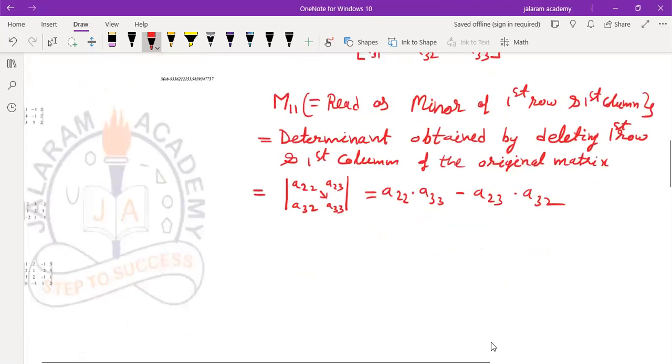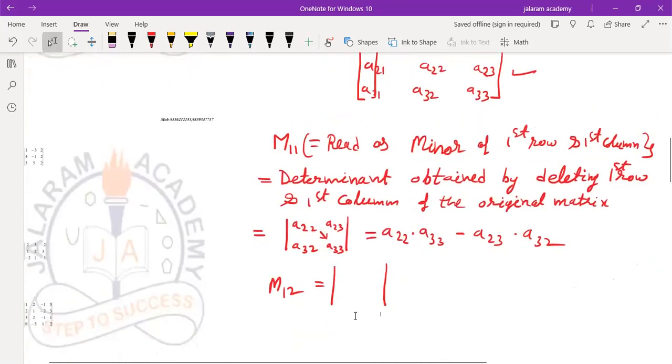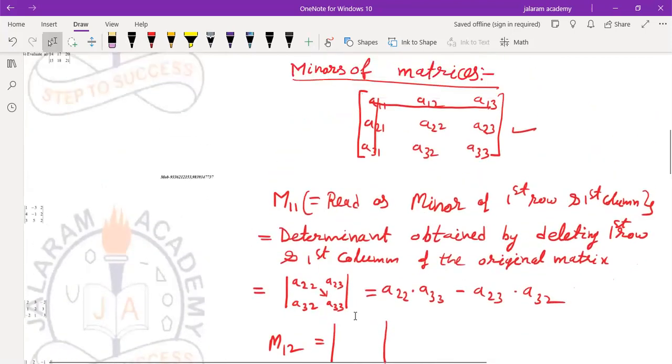If we write M12, what does M12 mean? It is the determinant obtained by deleting first row and second column.